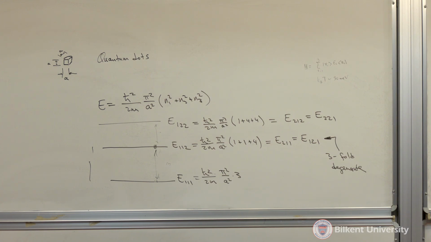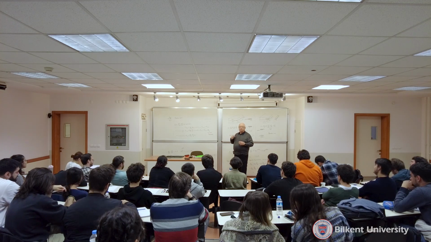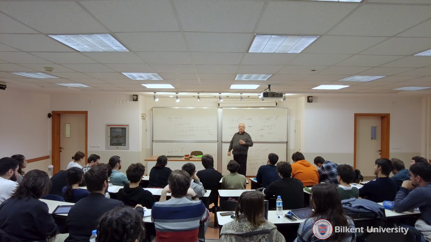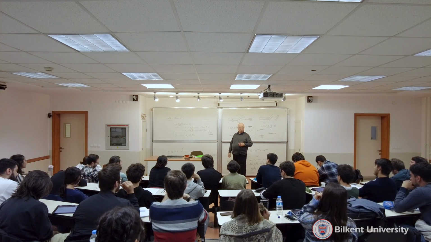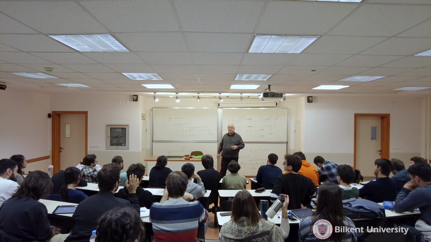The energy levels will be different because now you have to solve the equation in spherical coordinates, which we are going to do next. But then again, you get these energy levels and just play around with them. We can just check the internet for the chemistry Nobel Prize this year.